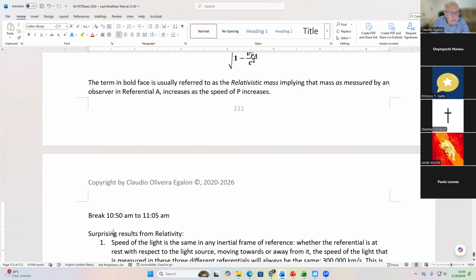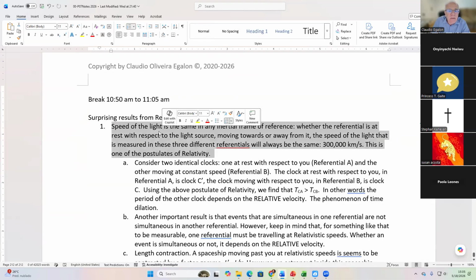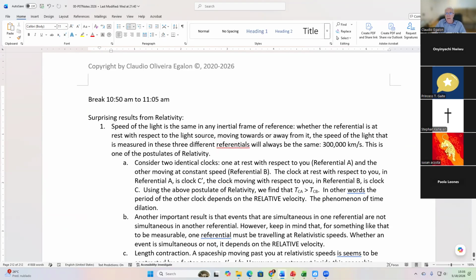The first one: the speed of light is the same in any inertial frame of reference. Whether the referential is at rest with respect to a light source, moving towards or away from it, the speed of light that you measure in these three different referentials will always be the same, 300,000 kilometers per second. This is one of the postulates of relativity.